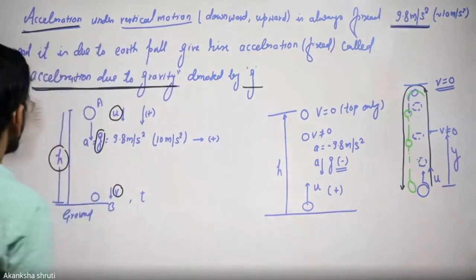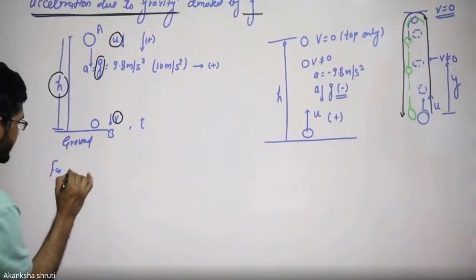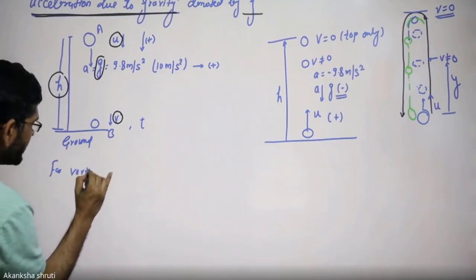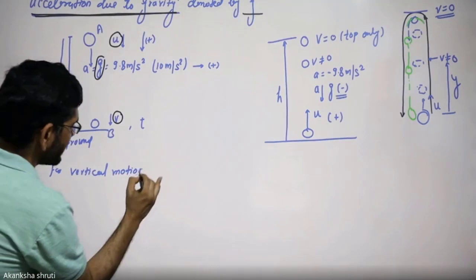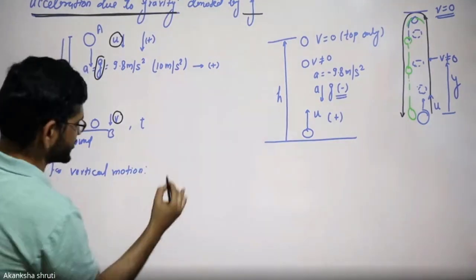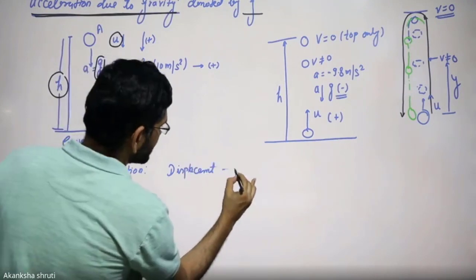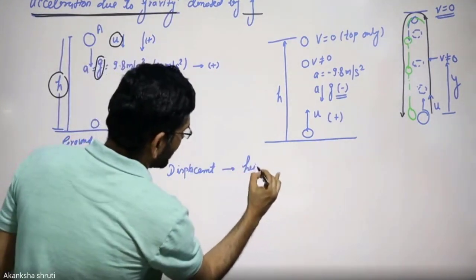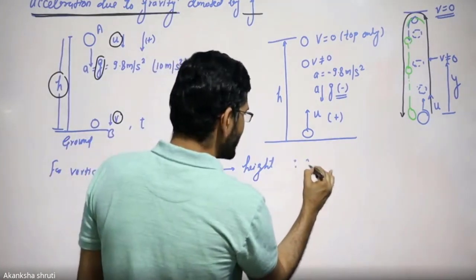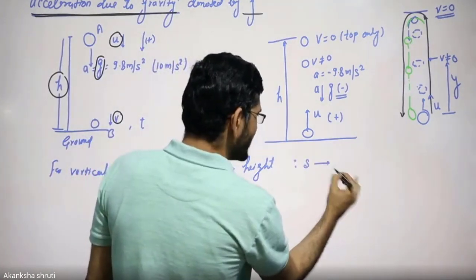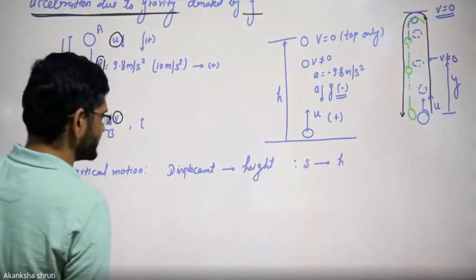So students, what we have learned for vertical motion, write it carefully. For vertical motion, the displacement is the height. So the displacement should be replaced by height. In symbol form, wherever s appears in the kinematic equation, it should be replaced by h or y.